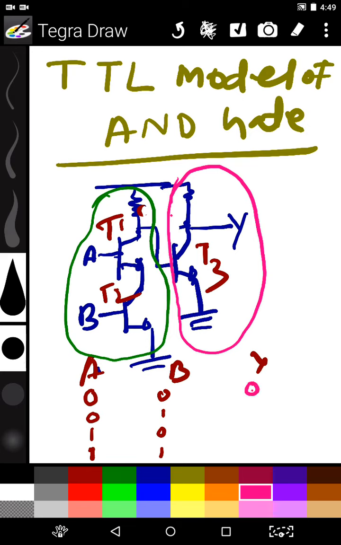Next, when A is 0 and B is 1, A equal to 0 means the T1 transistor is in off condition, and B equal to 1 means the T2 transistor is in on condition, because the base terminal is given a higher input.